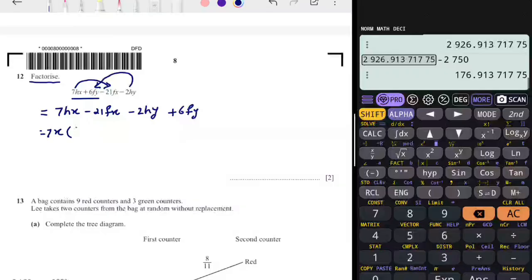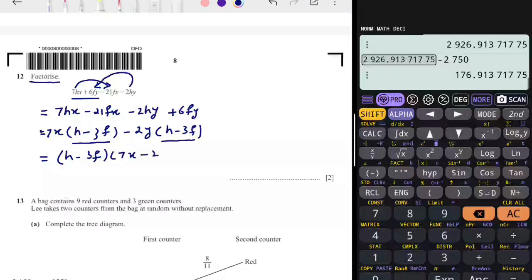So it would be h minus 3f, minus 2y is common, h minus 3f. In both values h minus 3f is common, so it would be h minus 3f and 7x minus 2y would be the final answer.